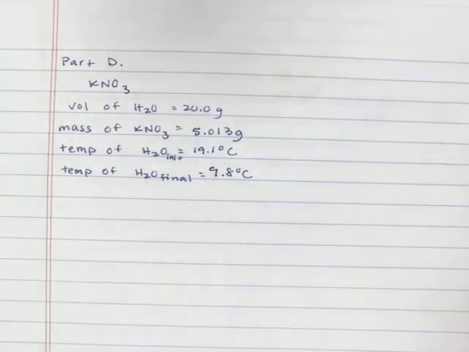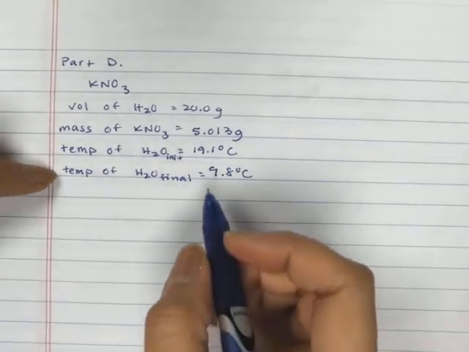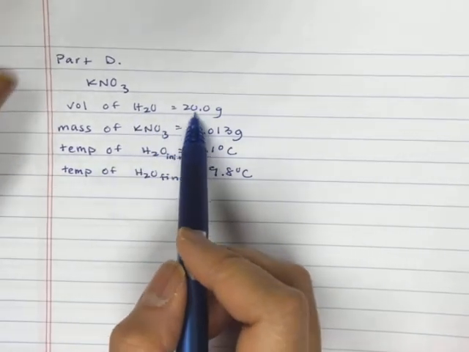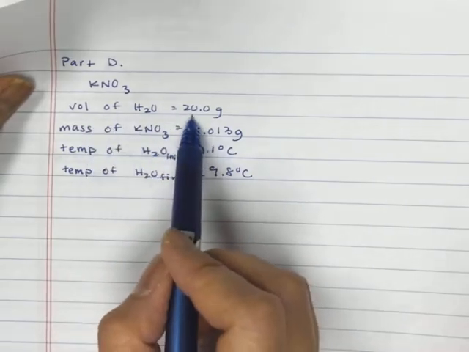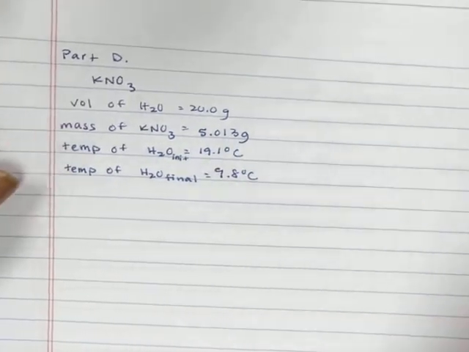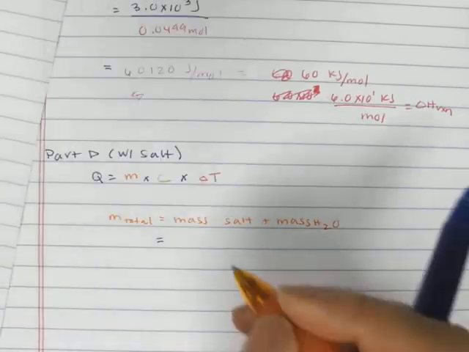And your data might look something like this. So the mass of the water was 20 grams, because that's how much water I used, 20.0 mL. And the mass of the salt is 5.013.